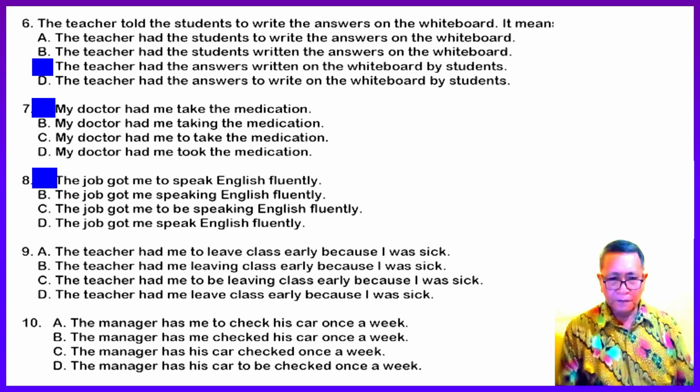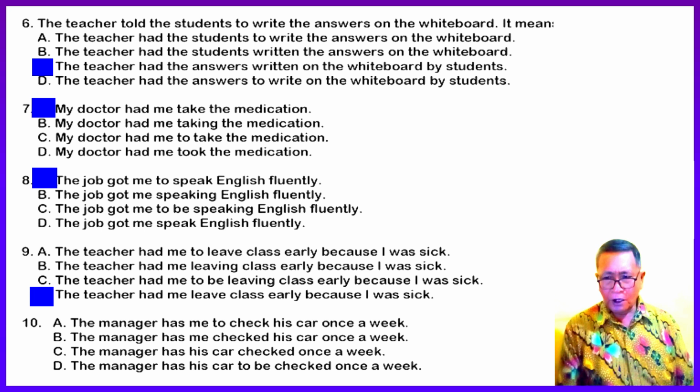Number 9. Which one is correct? Very good. D. The teacher had me leave the class early because I was sick. The last, number 10. Which one is right? Very good. C. The manager has his car checked once a week.